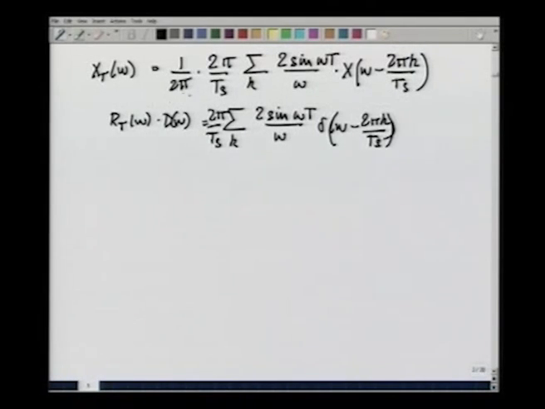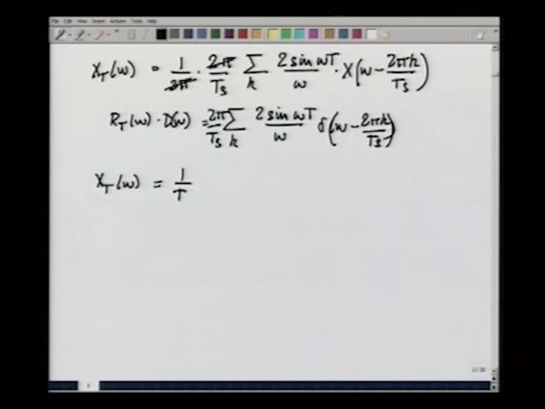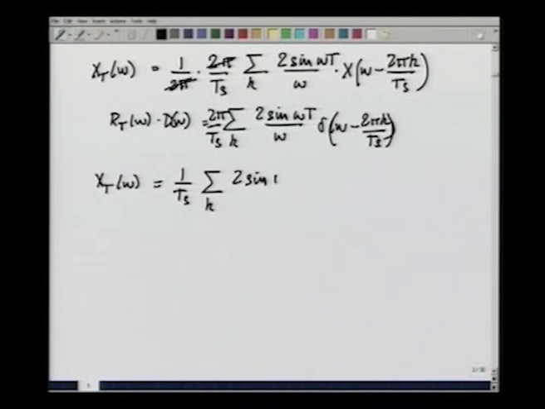This is the expression where of course 2 pi may be cancelled, so that we finally get X_T of omega equals 1 by T_s summation over all k of 2 sin omega t by omega multiplied by X of omega minus 2 pi k by T_s.